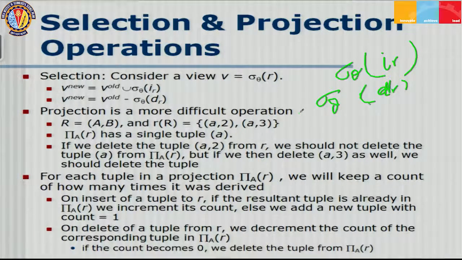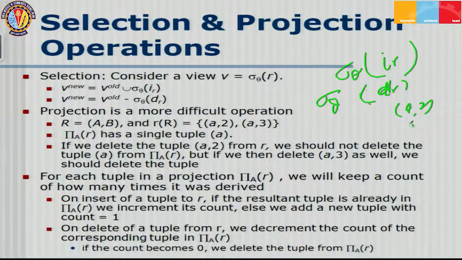Now if I do pi A of r, that is a projection on A, I get a single tuple A, right? So if we delete the tuple A2 from R, we should not delete the tuple A from pi A R, right? But if we delete A3 as well, we should delete the tuple A from pi A R.